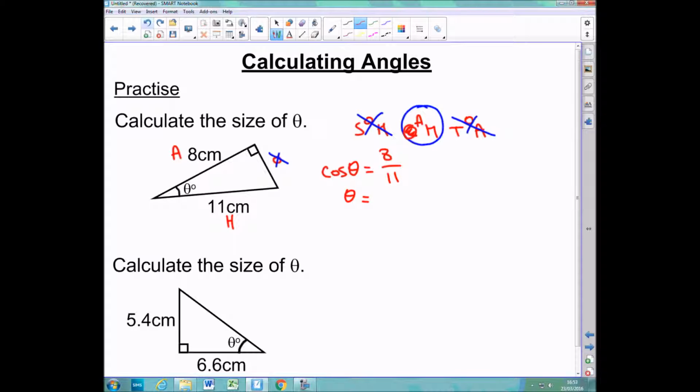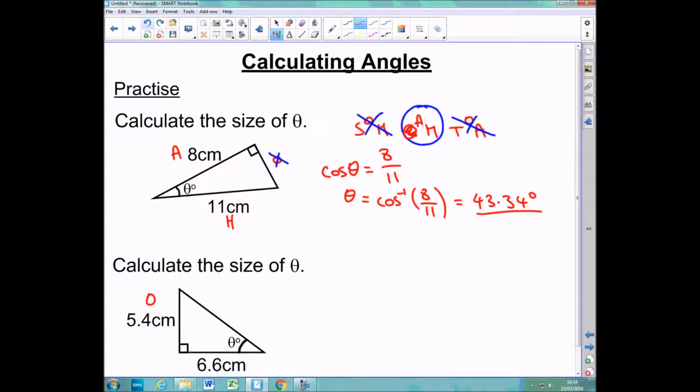So theta therefore is the inverse of cos, 8 over 11. Using the calculator and rounding to 2 decimal places, I get the answer of 43.34 degrees.